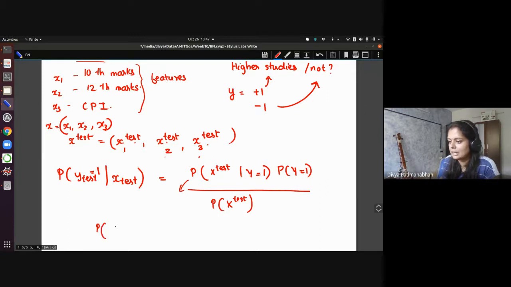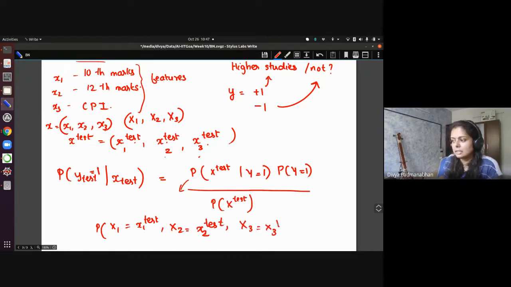I will represent these random variables x1, x2, x3, so let me call the random variables themselves capital X1, X2, and X3. So the probability that X1 equals x1 test, X2 equals x2 test, and X3 equals x3 test, given y equal to 1.